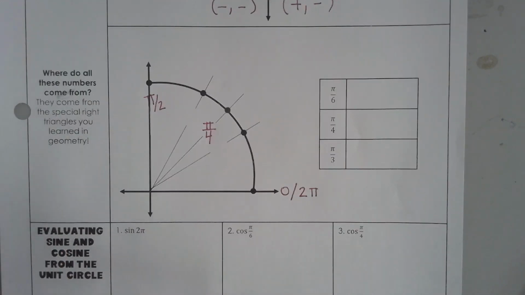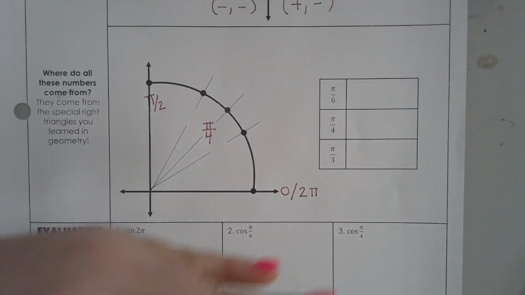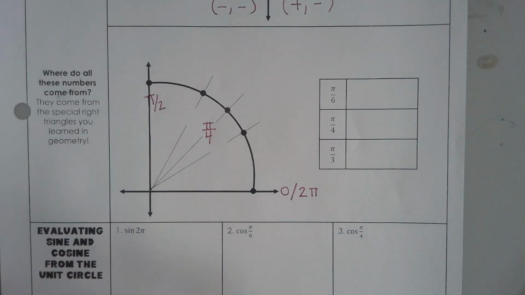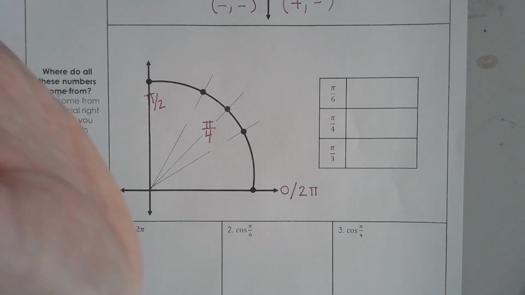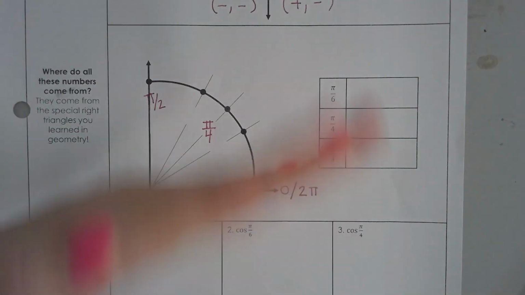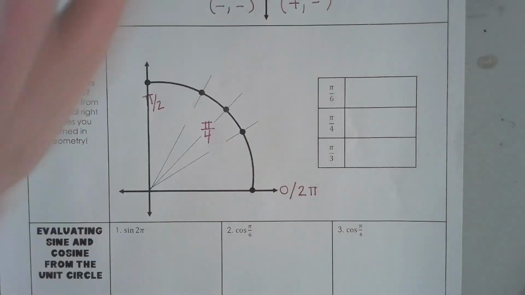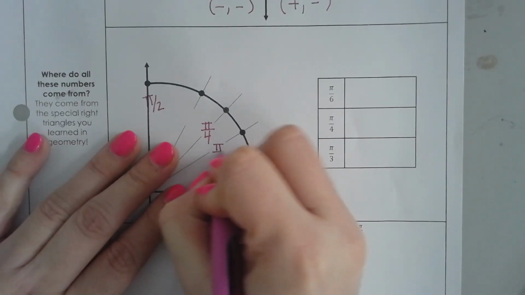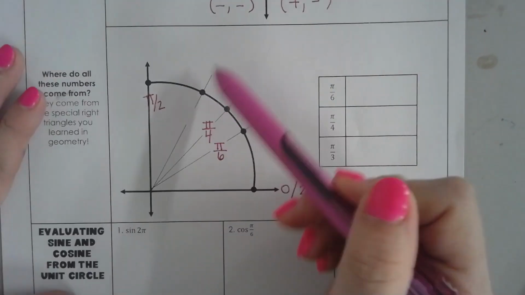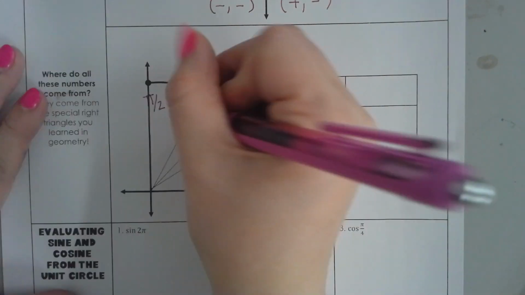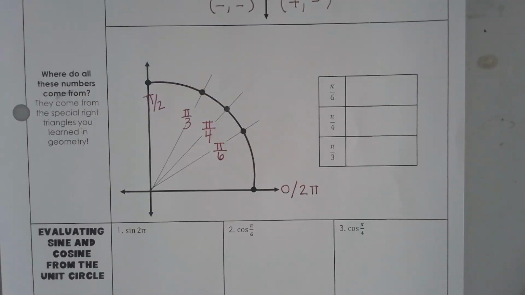So this is really like 1/4, 2/4, and then we would go 1, okay? This is 1/6, so pi over 6. Pi over 3. That's the part you already know.